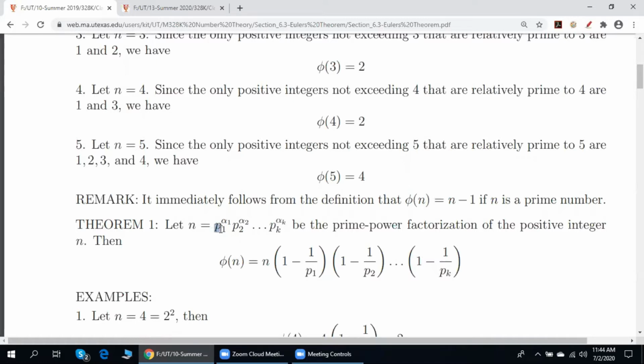So we use these prime numbers without the exponents alpha 1, alpha 2, and so on, alpha k in the denominators.